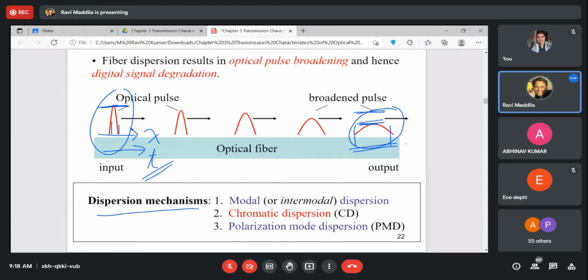Now coming down, you see there are different dispersion mechanisms. These say why these things occur or why the pulse broadening happens.